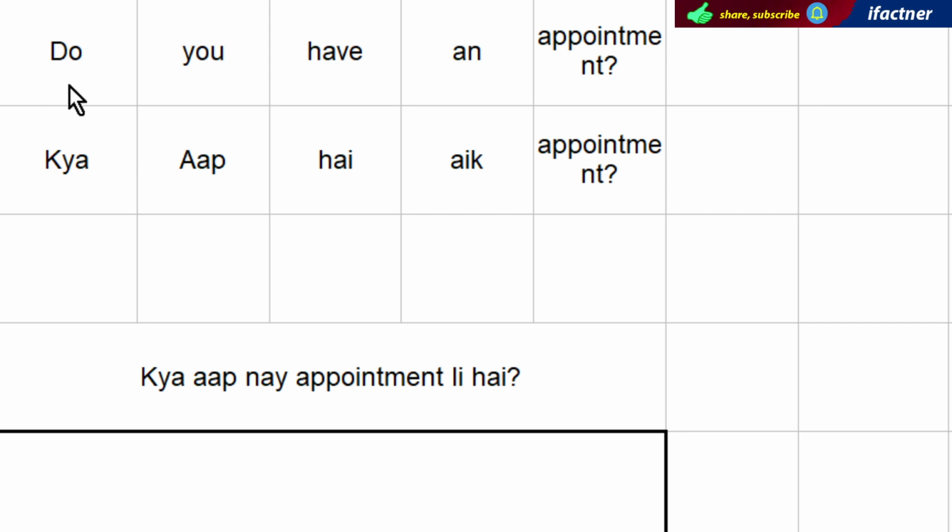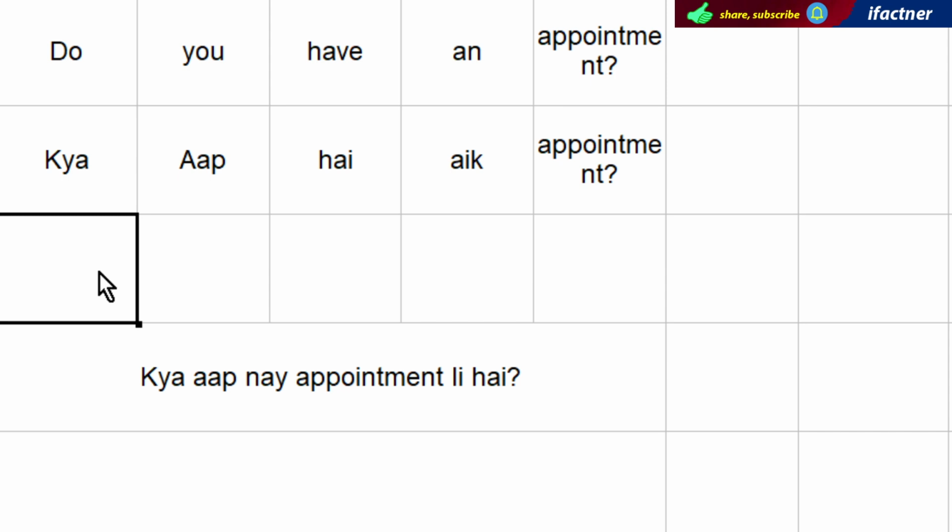And if we want to translate the whole sentence, do you have an appointment? Then we can translate it as क्या आपने appointment ली है. We can say कि आपके पास appointment है, but usually in Urdu we say क्या आपने appointment ली है.